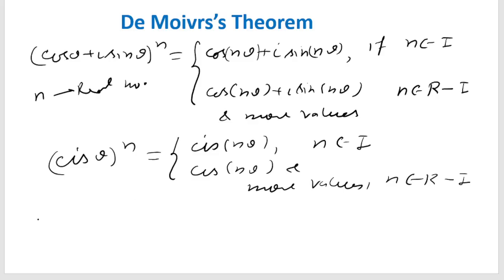And in a crude way we can observe that if we apply the Euler form, (e to the power i theta) to the power n is nothing but e to the power i n theta. So we can clearly see it's a crude proof of why (cos theta plus i sin theta) to the power n is cos n theta plus i sin n theta.